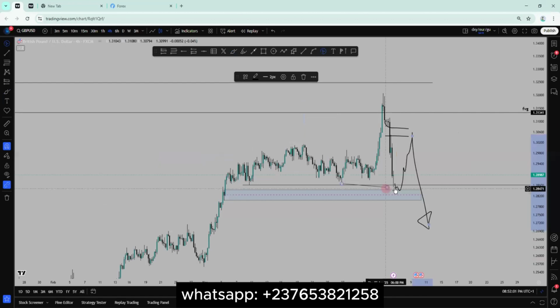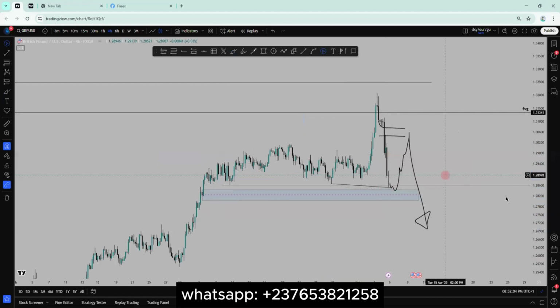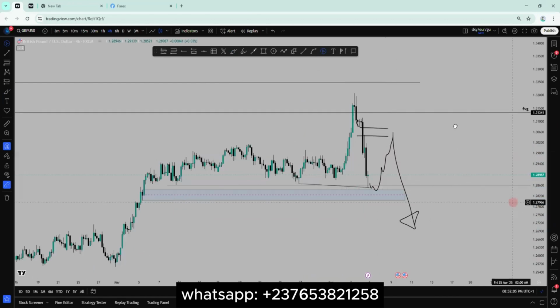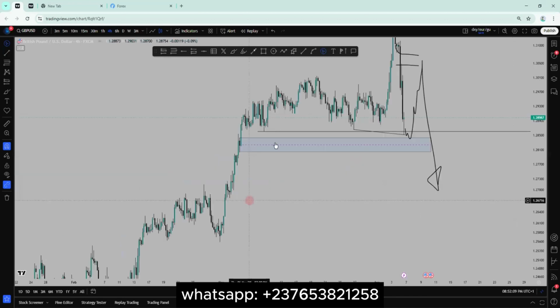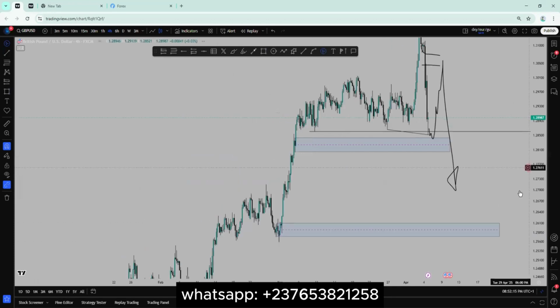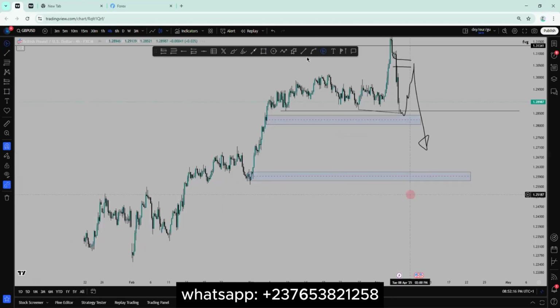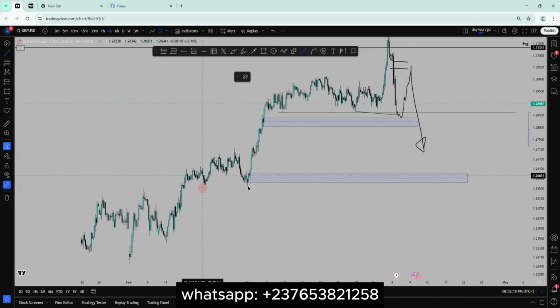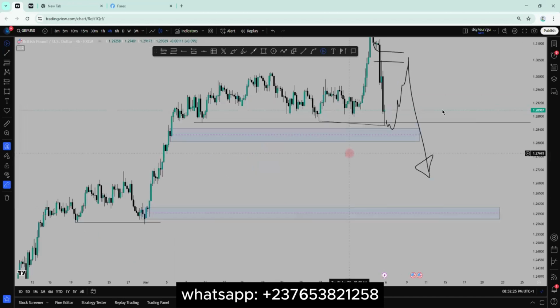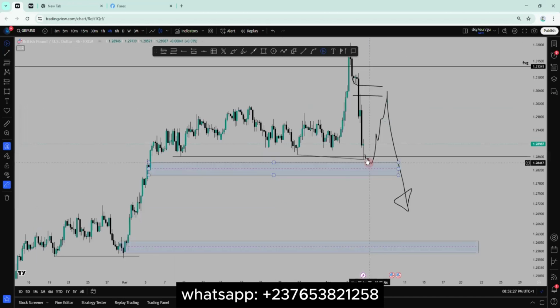Confirm this SMT. Okay. We have a huge range here, and there's a possibility we can have price maybe trade a little bit lower.